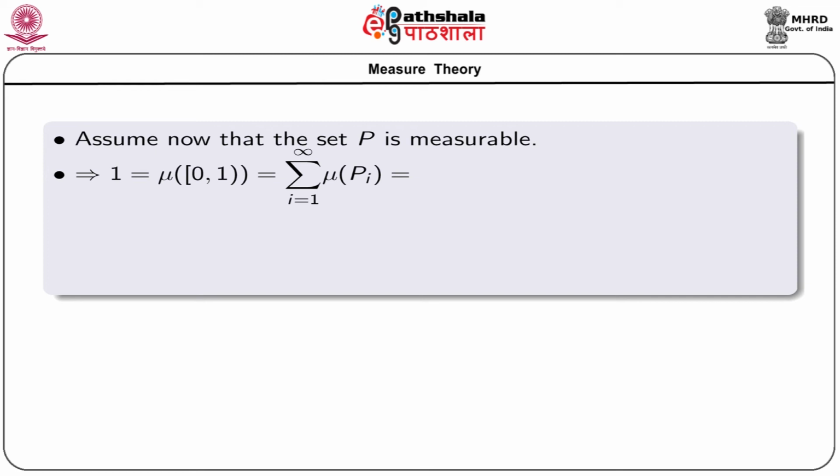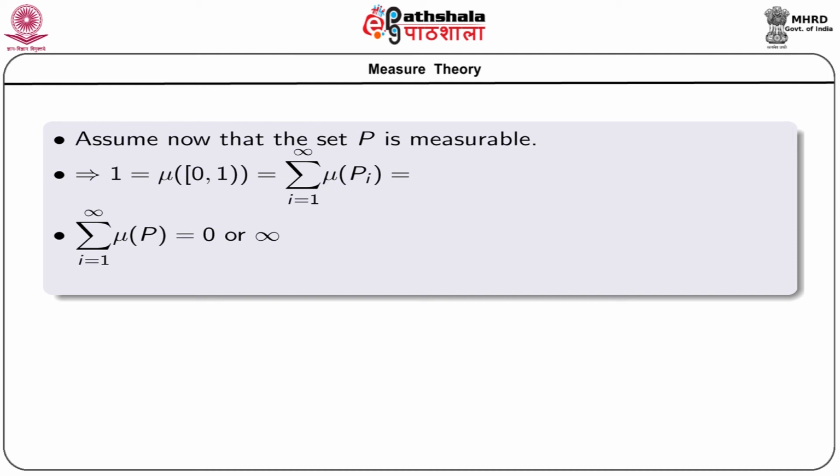So, by countable additivity of the Lebesgue measure, we get 1 equal to mu of [0,1). This is equal to sigma i equal to 1 to infinity mu Pi, but this is equal to sigma i equal to 1 to infinity mu P.